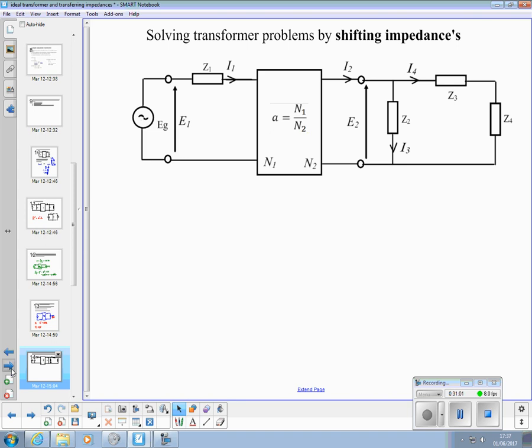There is a prelude to what we're going to do next week, or maybe start a bit later today, which is look at the real transformer and how we represent the losses in a transformer model. So it's kind of preempting that. We're going to look at the calculation method first.